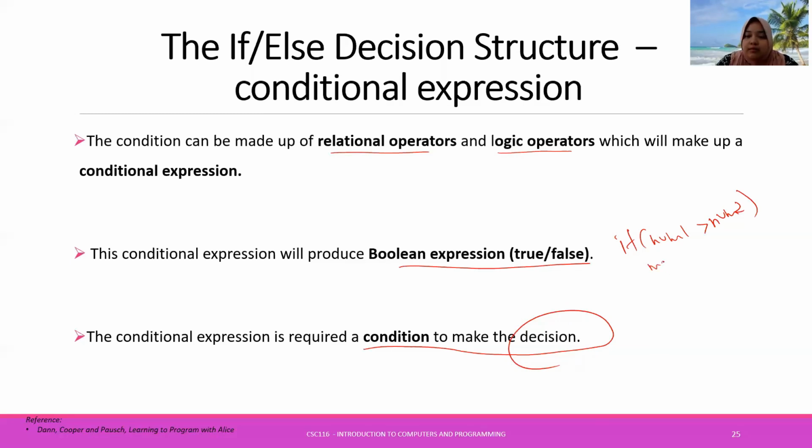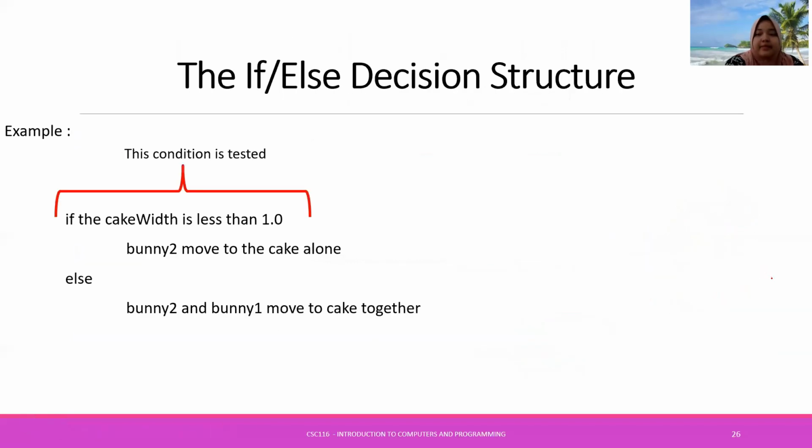So max sama dengan if num1 more than num2, ini kita kenal dia sebagai condition. Benda yang berada di dalam if statement, we call it as the condition. So if num1 more than num2, maximum is num1. Okay, ini coding. So else, so maximum akan jadi num2. So ini coding lah. Okay, sama je dengan 116.